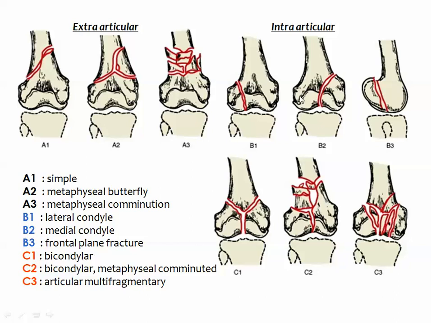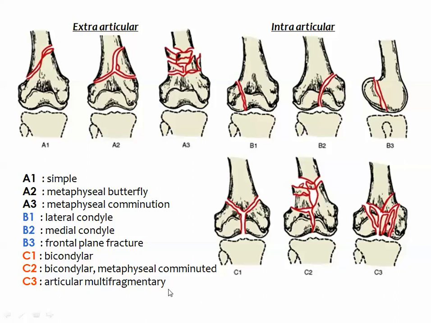And this is an intra-articular fracture reaching the articular surface of the femur. If it involves the lateral condyle, this is type B1. Affecting the medial condyle, this is type B2. And affecting the frontal blade, this is type B3.